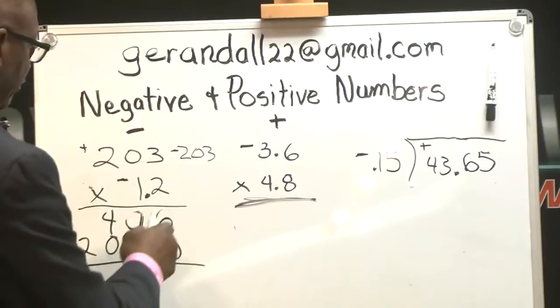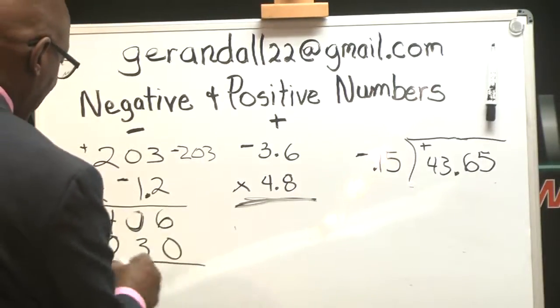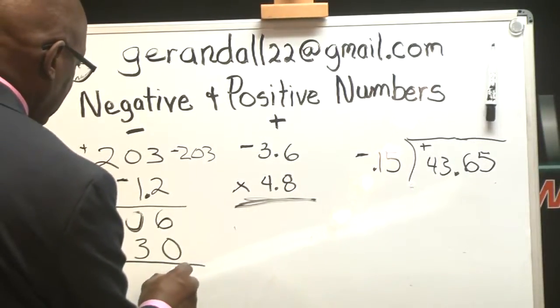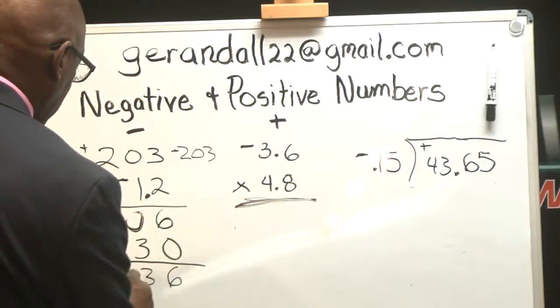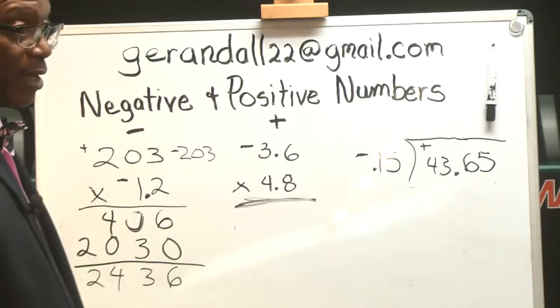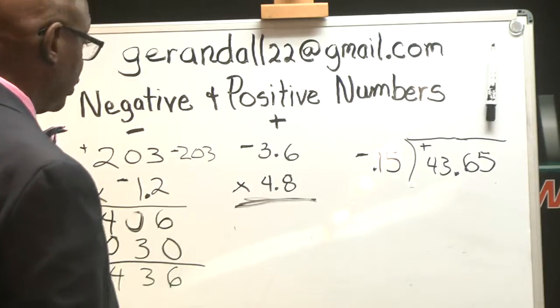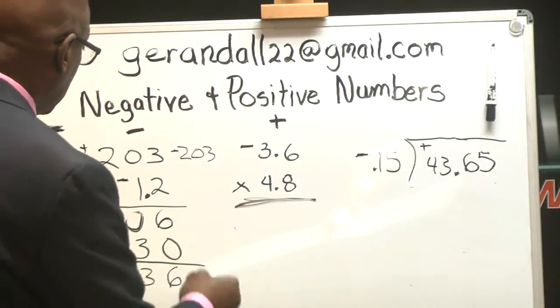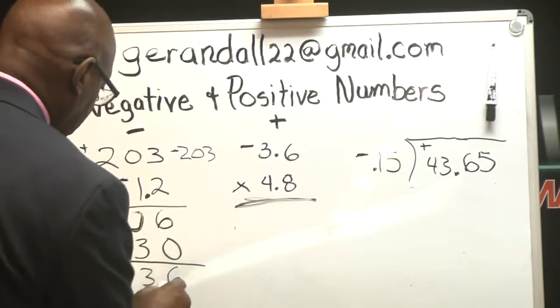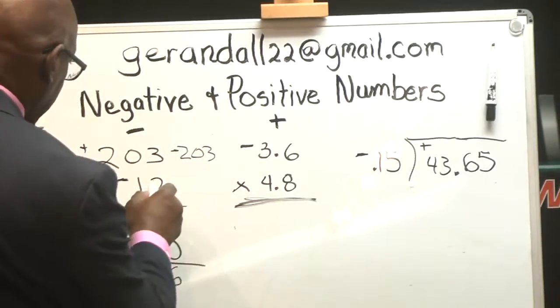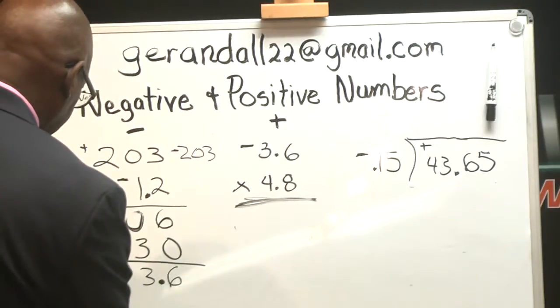But because we have 0.2, we're now going to add, and it says 6, 3, 4, 2. Now that's not 2,420 or 36. We have one decimal place up here.